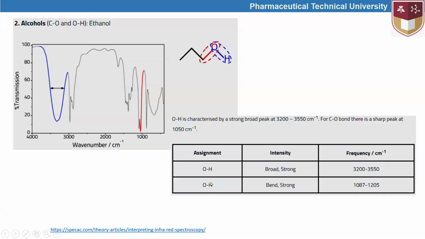But the second one is CO. This is not OH. This is about the CO from 1,787 to 1,205. Yeah, this is about CO, not OH. Okay, to err is human. I am a human. Actually, I copied them from this website, but they had a technical mistake. I had to correct it.